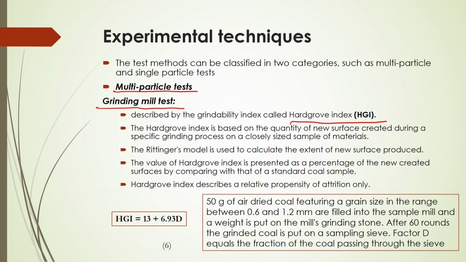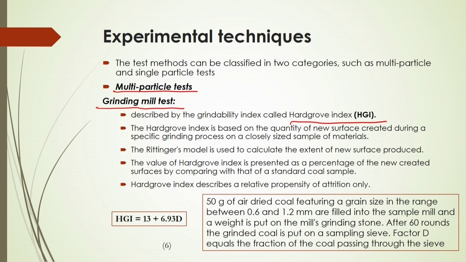The Rittinger's model generally is used to calculate the extent of this new surface produced. The value of this Hardgrove index is presented as a percentage of newly generated surface by comparing with that of a standard coal sample, and the Hardgrove index describes a relative propensity of the attrition only.